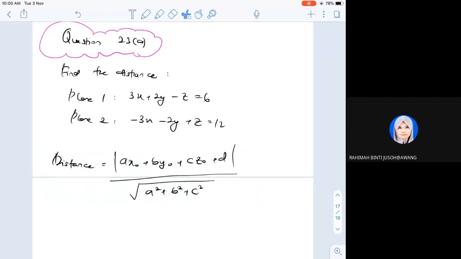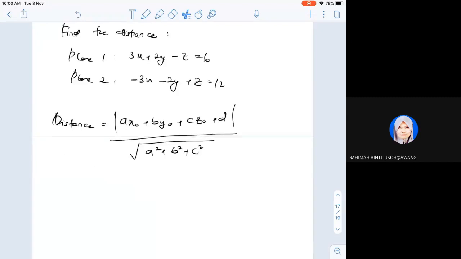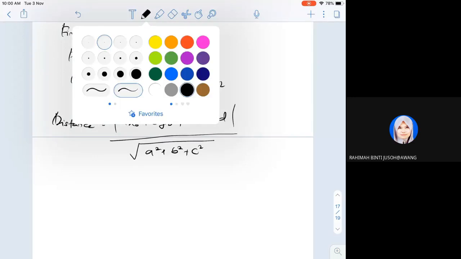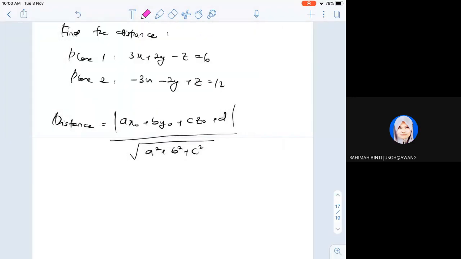okay, first, tips dia macam ni. Kalau you ambil, you consider P naught from the first plane, you should take your normal vector from the second plane, or vice versa. If you consider P naught from the second plane, make sure you take your normal vector from the first plane.